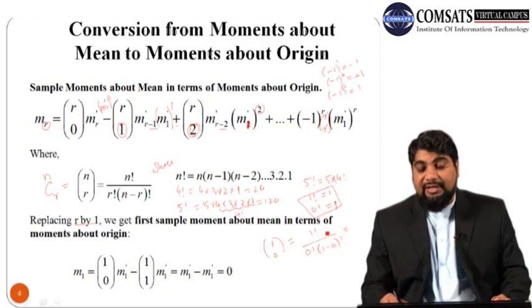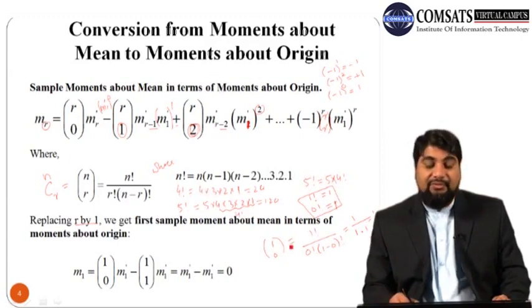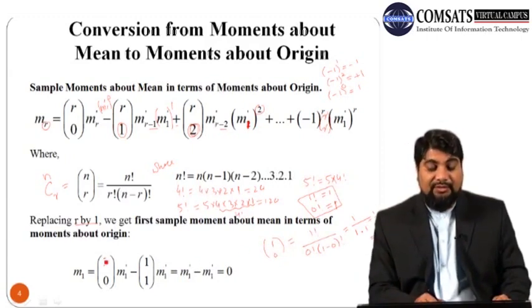Note that 1 factorial is 1, 0 factorial is also 1, and 1 minus 0 is 1 factorial, which is also 1. This dot is used for multiplication. So 1 into 1, 1. So 1 over 1 we get 1. So it means 1C0 is 1.